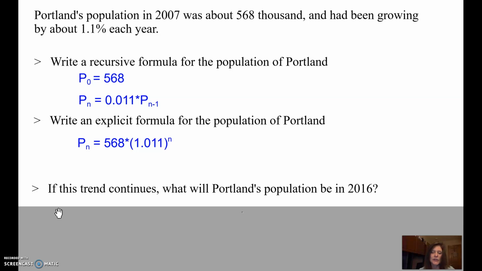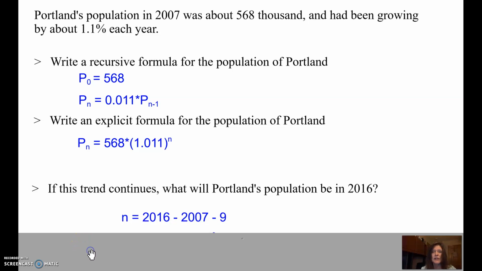Okay, here's the tougher question. If the trend continues, what will Portland's population be in 2016? Okay, so what I have to stop and think about is, how is 2016 related to this problem? My model started in 2007. So that represents year 0 or time 0. So I have to figure out, where is 2016 in relation to 2007?